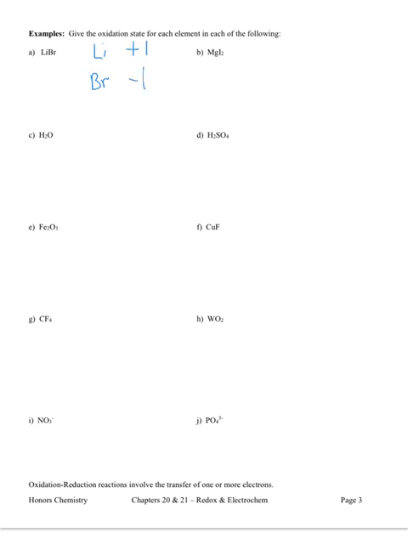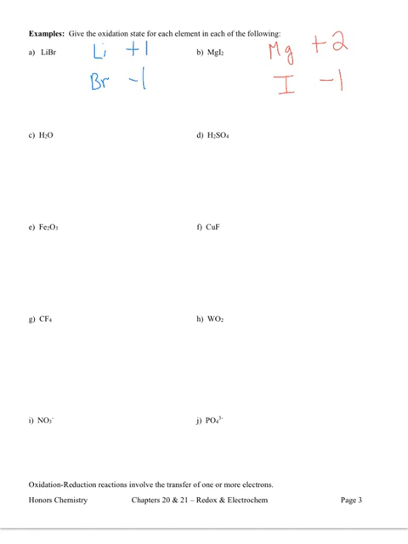Okay, let's look at B, MgI2. So we have magnesium and we have iodine. Rule number 4 says the alkaline earth metals in compounds is a +2. There's no rule for iodine, but together a magnesium and 2 iodines need to equal 0. So that means that each iodine is a -1, so that when you add them all together, it's equal to 0.